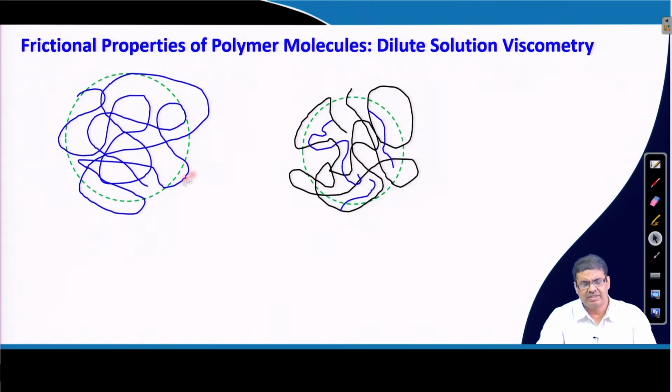So, as we discussed before, if we compare two chains, one is linear without any branch, another is linear but with branches, which is shown in this color.